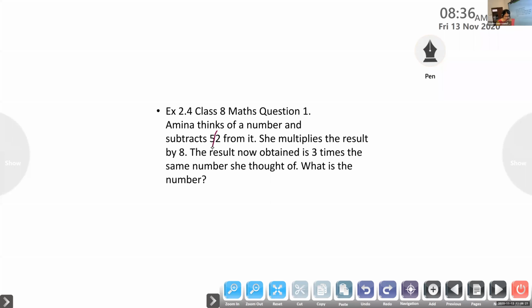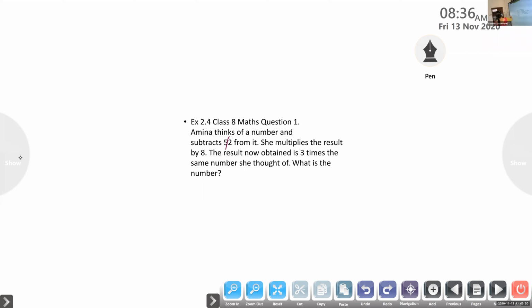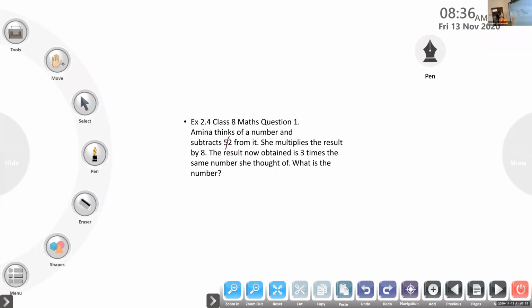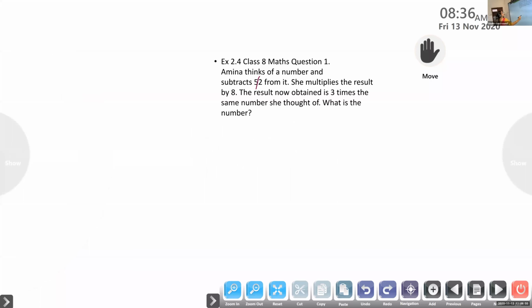Not 52, children, it's 5 by 2. She multiplies the result by 8. The result now obtained is 3 times the same number she thought of. What is the number? Read the question thoroughly.